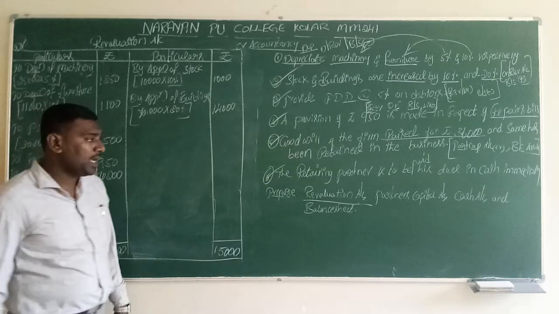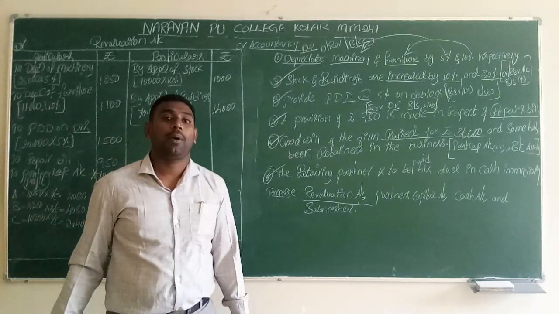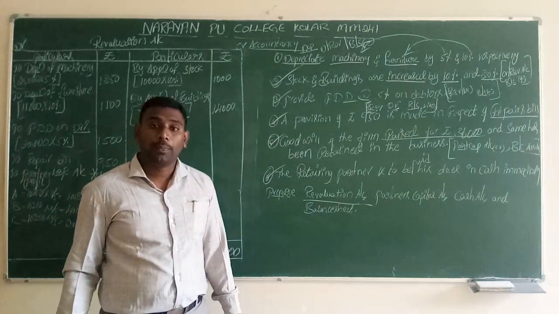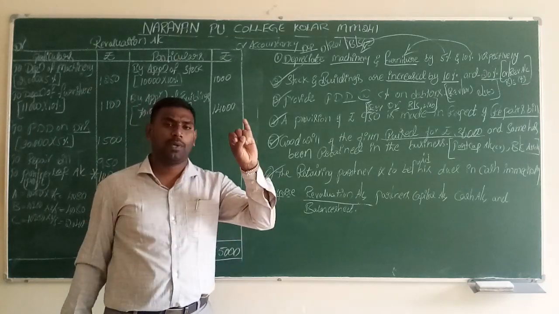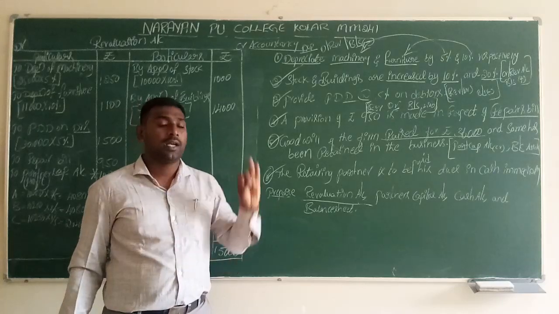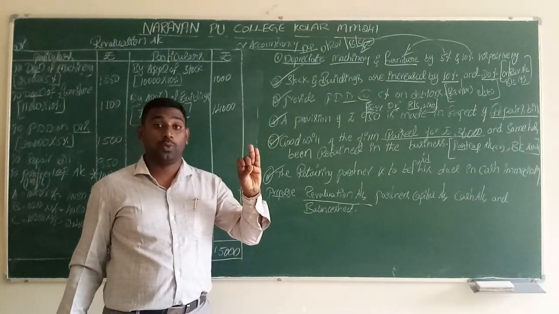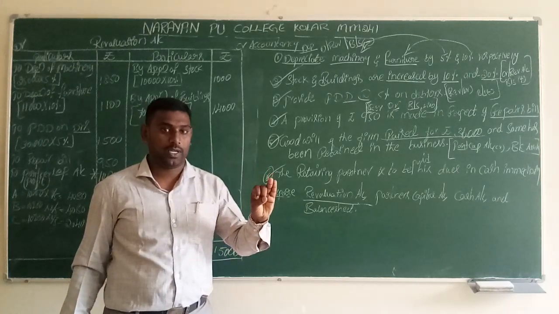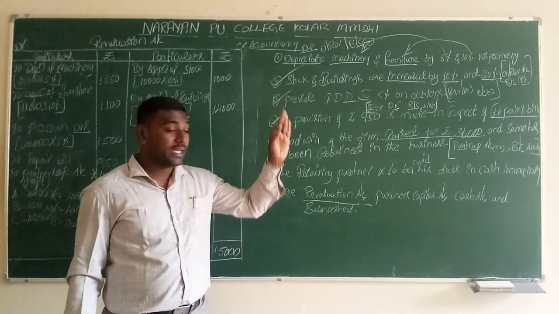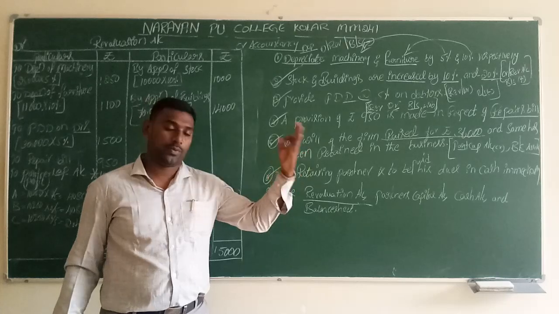Let's move to the preparation of the second account, that is the partners' capital account. While preparing the partners' capital account, we must follow some steps. Step number 1, the opening balance we have to transfer. Step number 2, undistributed reserves or profits, if anything is there, we have to distribute it. Step number 3, any adjustment related to the partners we have to transfer.